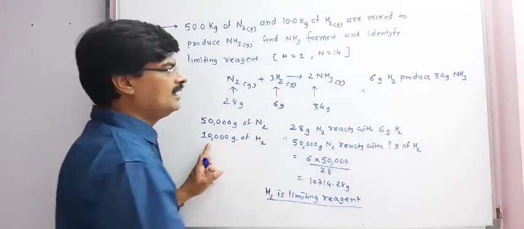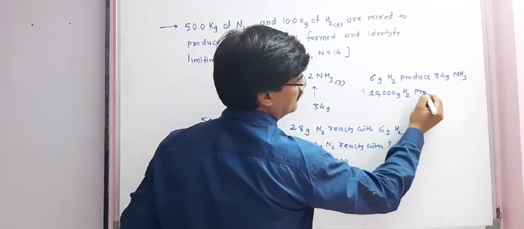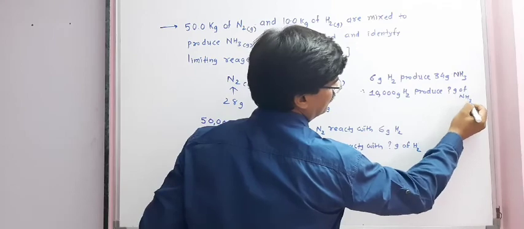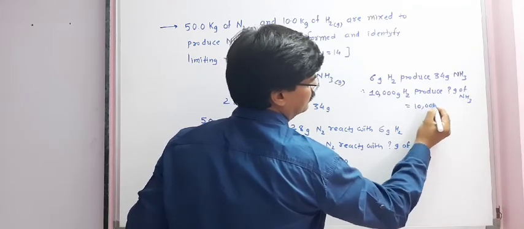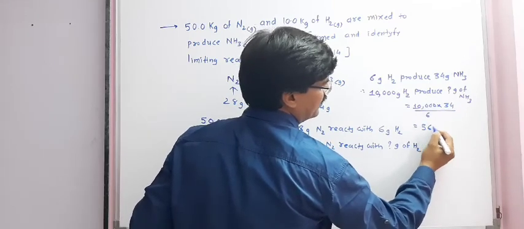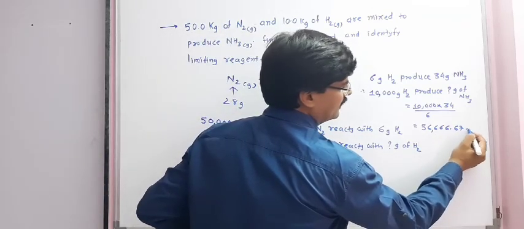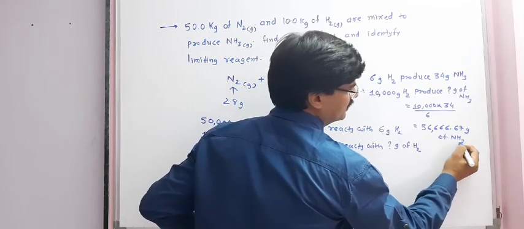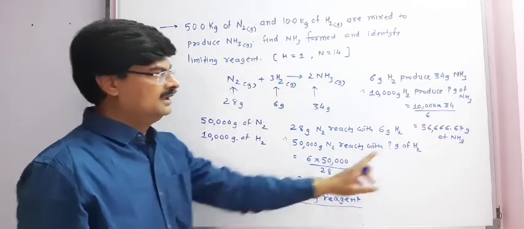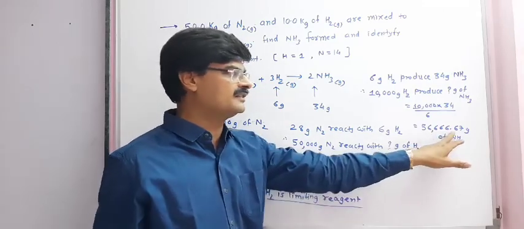Therefore, 10,000 gram hydrogen produce what gram of ammonia? 10,000 into 34 divided by 6, we will get 56,666.67 gram of ammonia. So we can say limiting reagent is hydrogen and ammonia formed in the reaction is 56,666.67 gram.